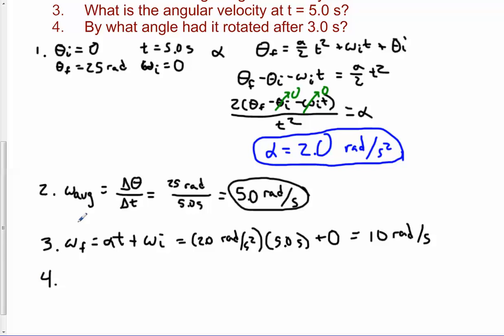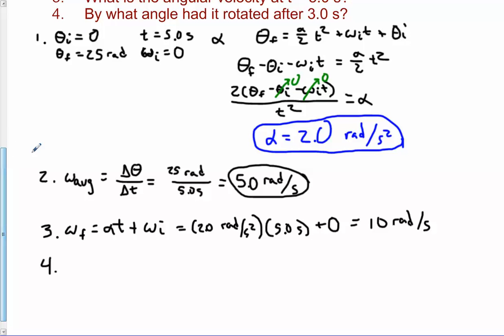And finally, number 4, by what angle had it rotated after 3 seconds? Okay, so again, we're choosing our reference line so that initial is 0. This is what we're looking for, the final position. We have our time. We do have acceleration.